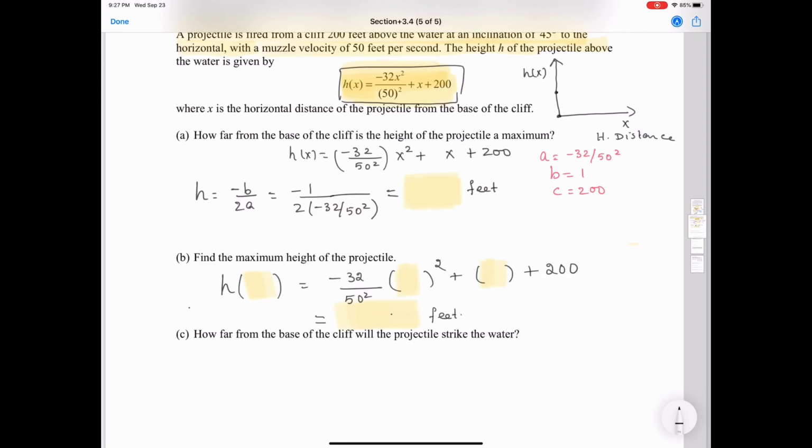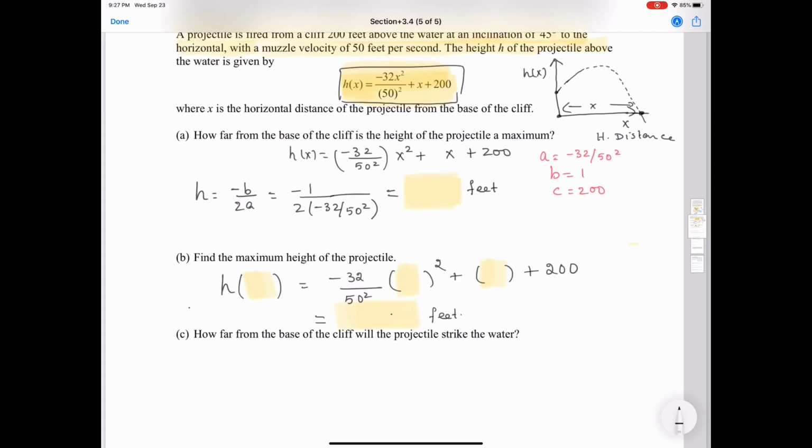It takes a parabolic path and comes and hits the ground. When it hits the ground here, the height of the projectile is 0. So we need to know what this distance is, or in other words, mathematically it is one of the x-intercepts.